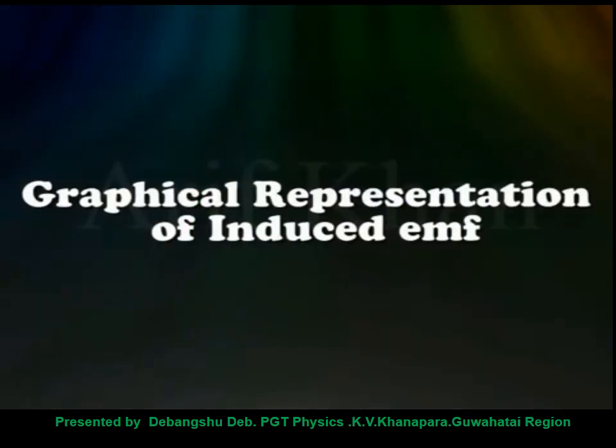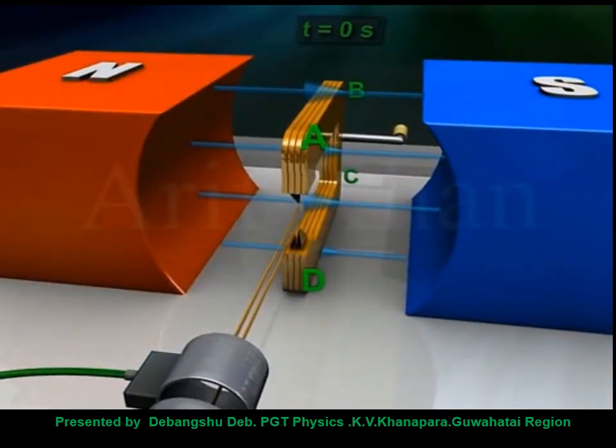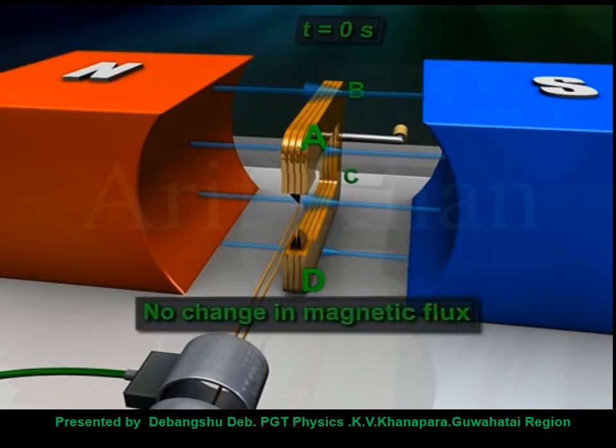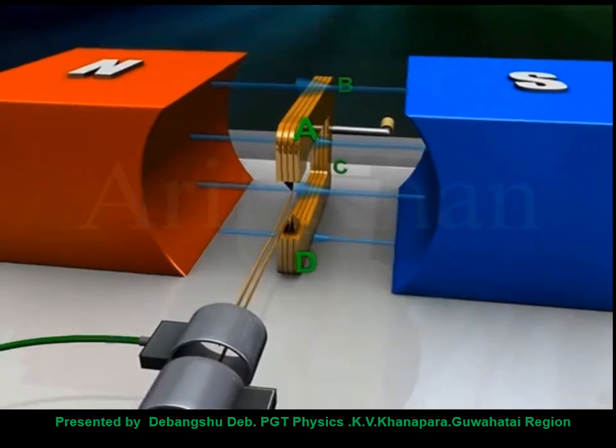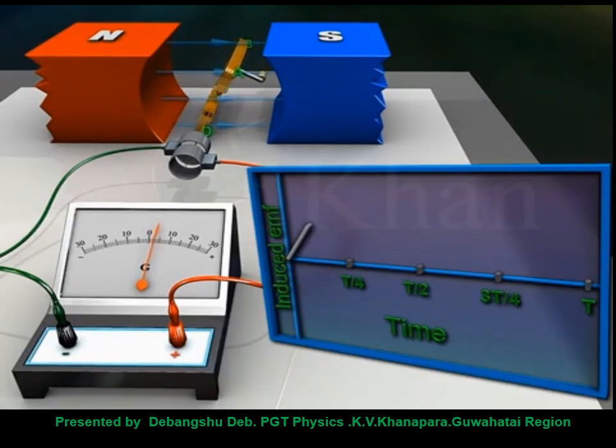Now let us see the graphical representation of the induced EMF. Now when you are rotating it, you can see the alternating voltage has been generated, and the oscilloscope output you have already seen in the first stage. So at t equal to 0 second, we have found no current because the flux is maximum, and there is no change in the flux. Now it has been rotated, so let us rotate it. As it rotates, the EMF gradually increases.